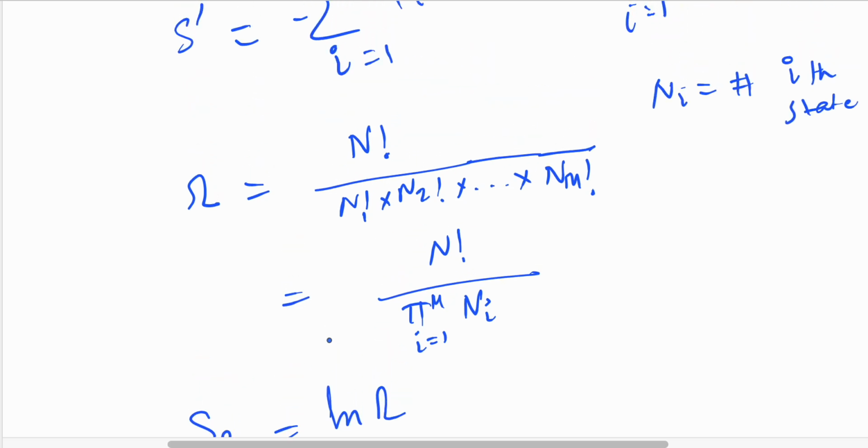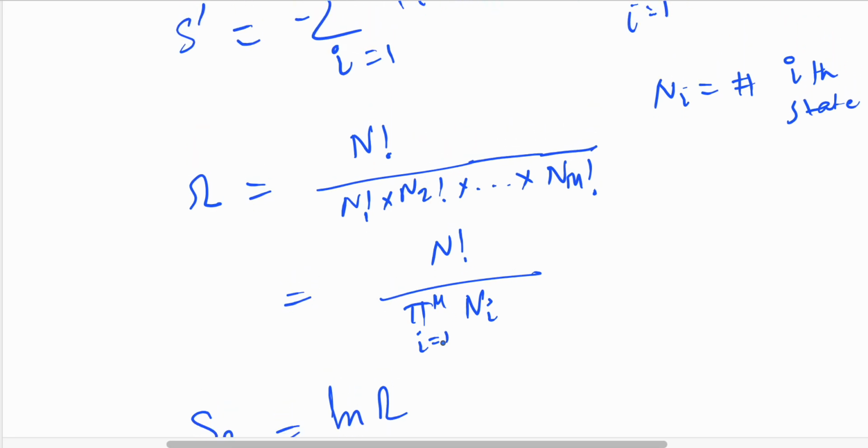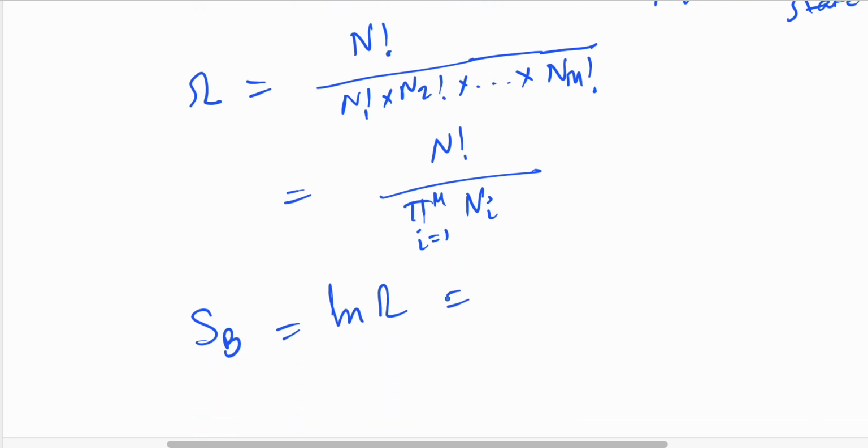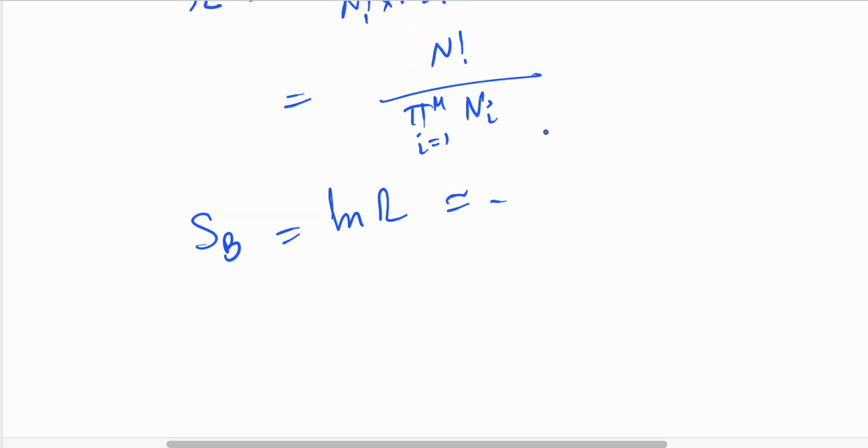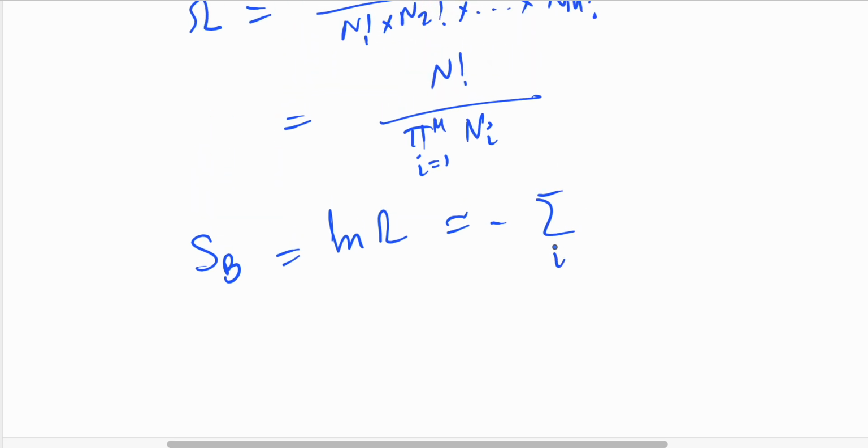Now if you calculate, again using the Stirling approximation in the thermodynamic limit, you will get S equal to minus the summation over i of ni ln ni by n.